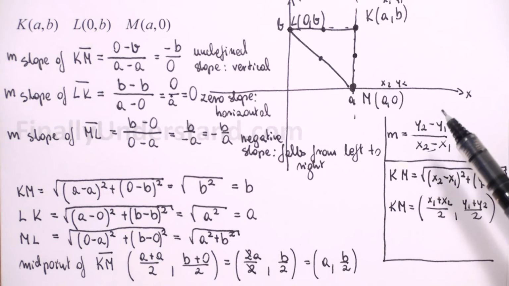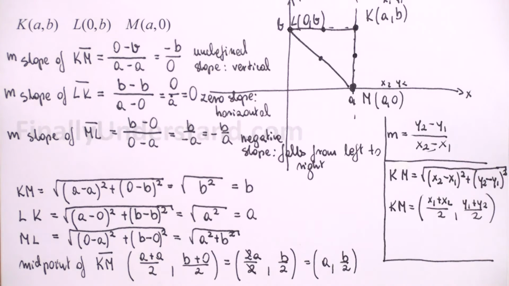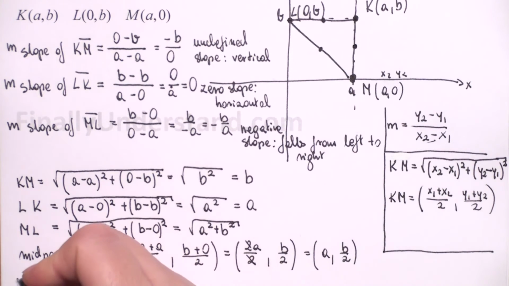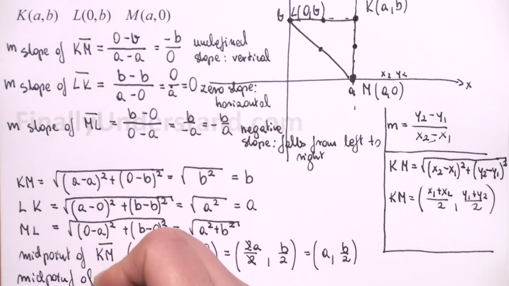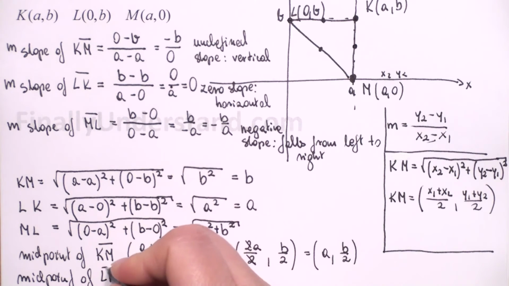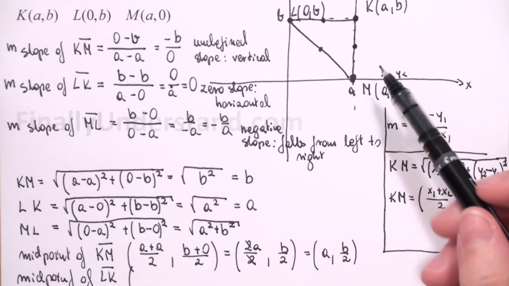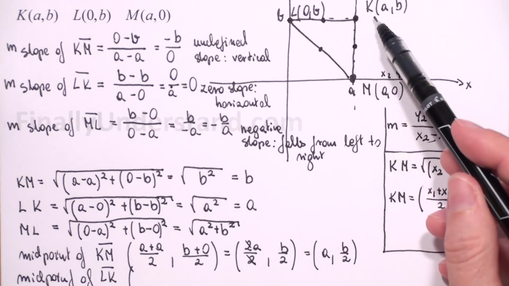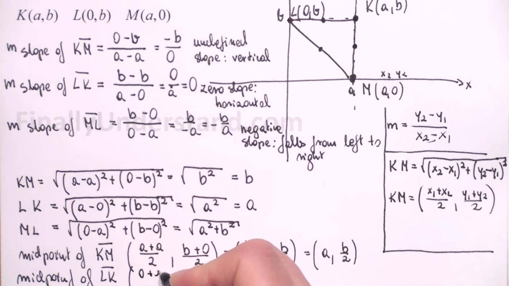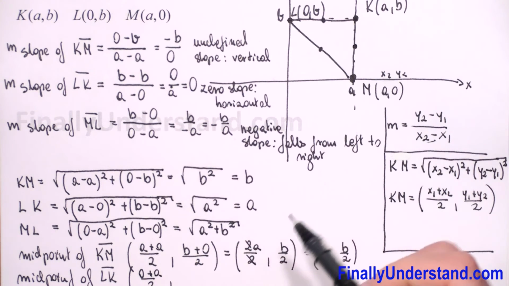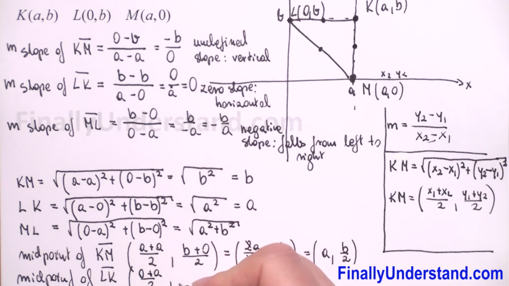Now we will find the midpoint of LK segment. So first we have to add first coordinates and divide by 2. So we have (0 plus A) over 2, and for the second coordinate we have to add second coordinates and divide by 2.